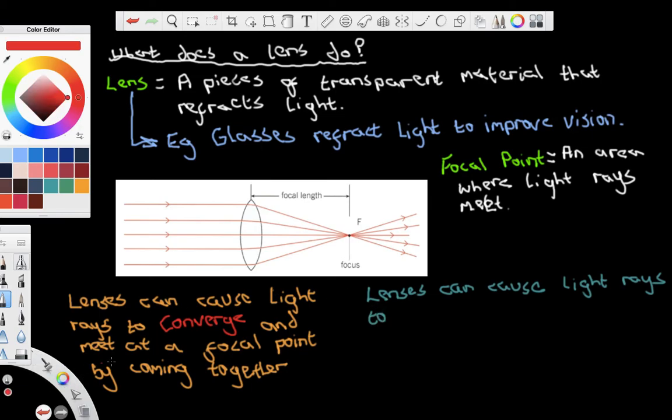I'm going to put that in red. To diverge, which means they move away from each other.